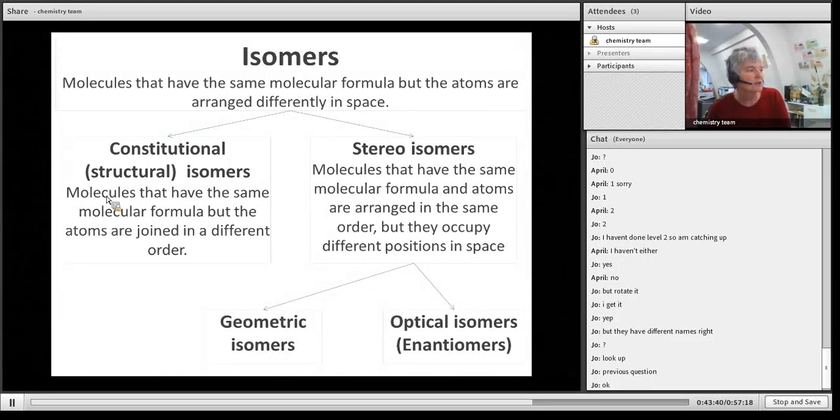Okay, so here are constitutional isomers: the same molecular formula, but the atoms are connected in a different order.